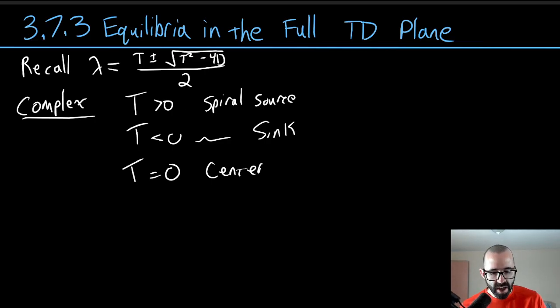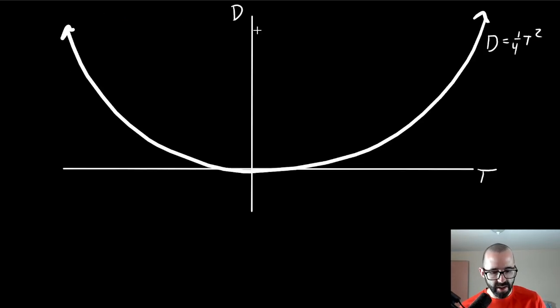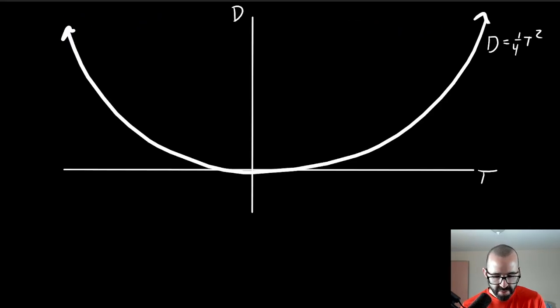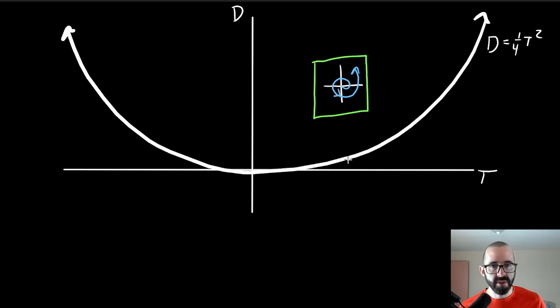If t is positive, and we're in this portion, we have a spiral source. So let's draw that. I'm going to draw a little picture in a box. What does a spiral source look like? Spiral source. So we're spiraling out from 0, 0.